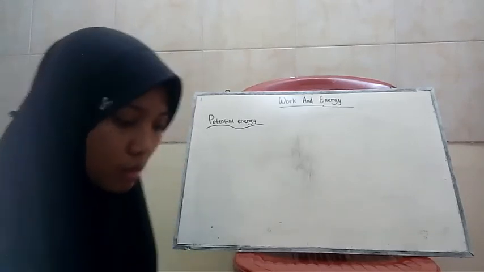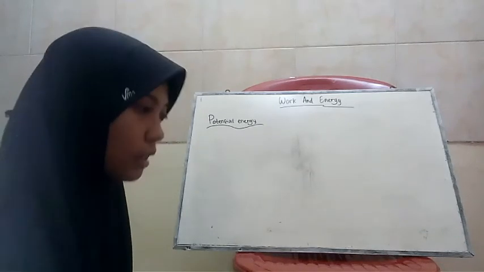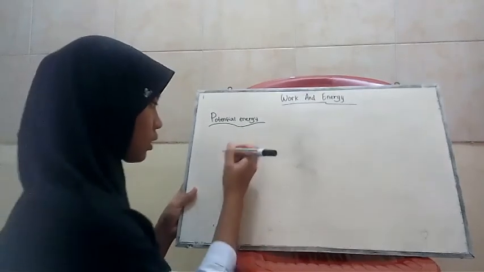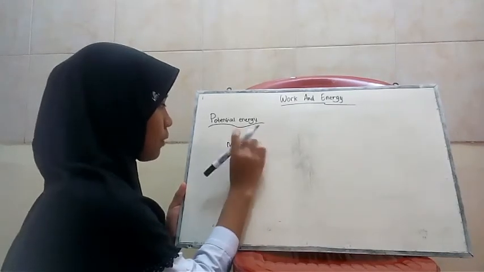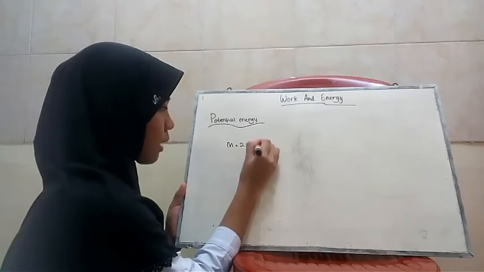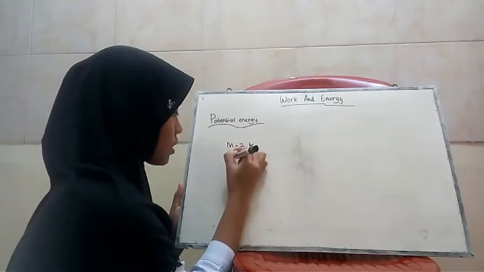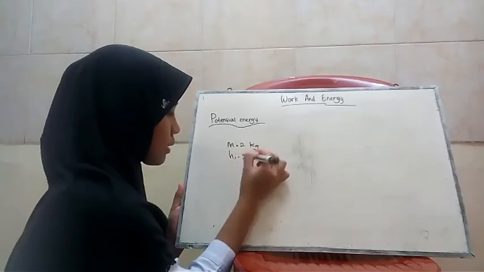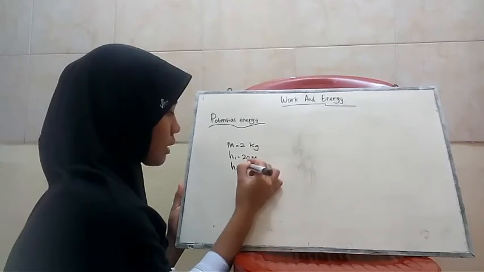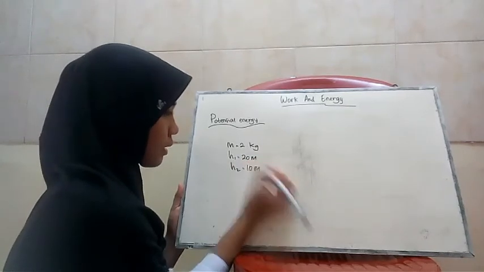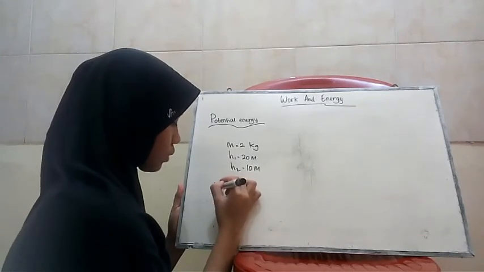First we must write all we know: m is 2 kilograms, h1 is 20 meters, and h2 is 10 meters, and we want to know the work.